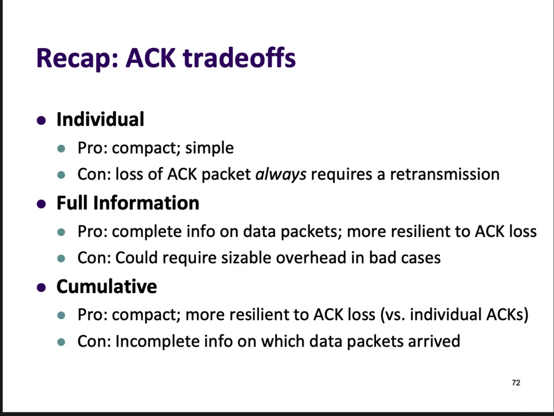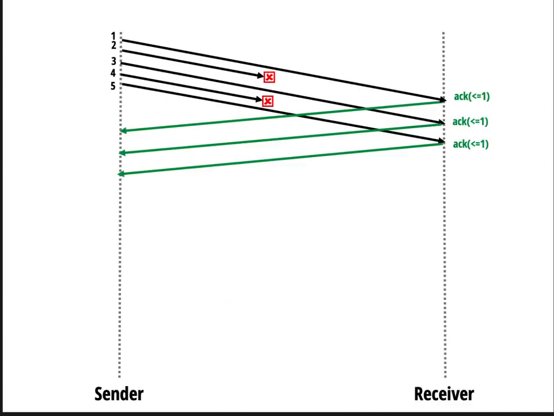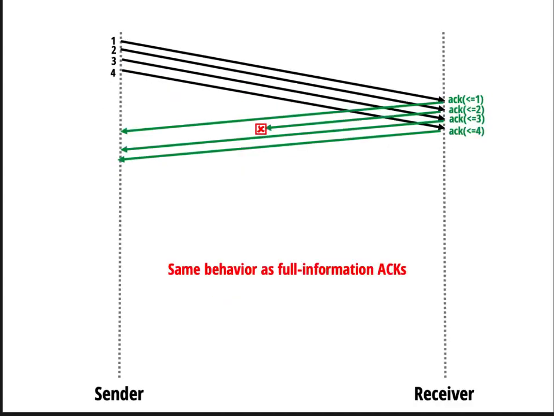Well, for example, in the case where you had the ACK loss, if I had individual ACKs, I was retransmitting packet 2 because I never received any information about packet 2. But here, when I get the cumulative ACK for packet 3, it's telling me I got everything up to packet 3. So the sender knows not to resend packet number 2.